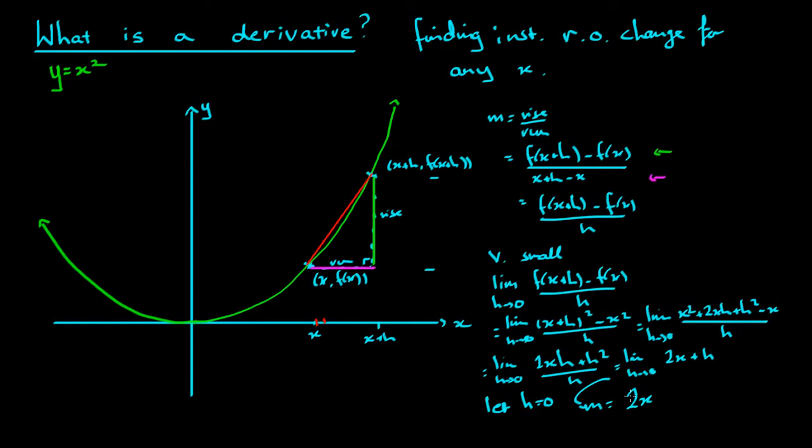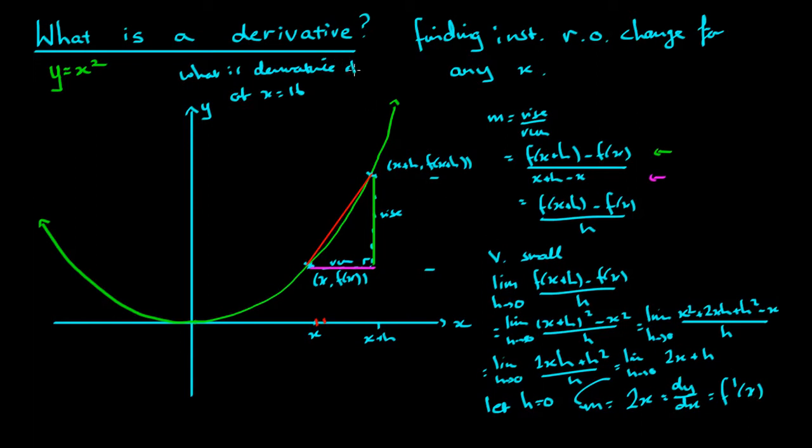If we wanted to find what is the derivative at x equals 16, then we'd say, well, the derivative, I've said m here, let's write it properly, it's just dy/dx, or even f'(x).